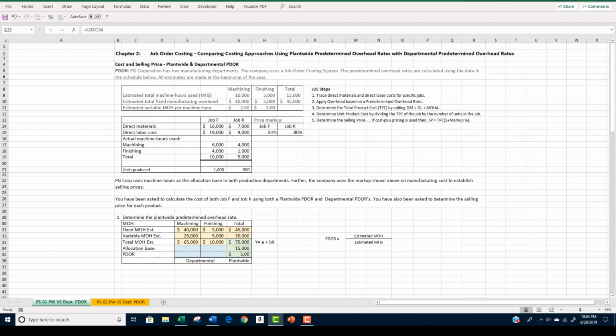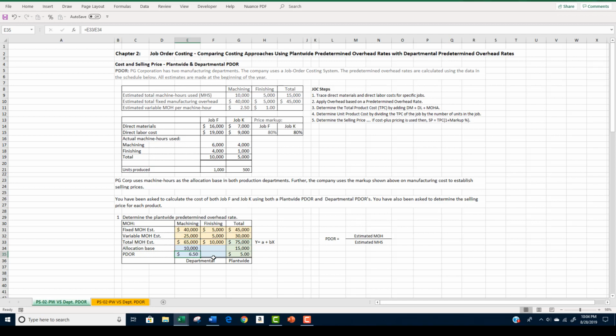For the departmental PDOR, we will divide each department's estimated MOH by the machine hours for each department. For machining, we divide the estimated MOH of $65,000 by the 10,000 machine hours to get a departmental PDOR rate of $6.50.